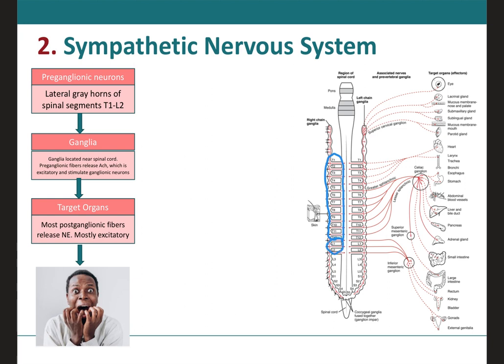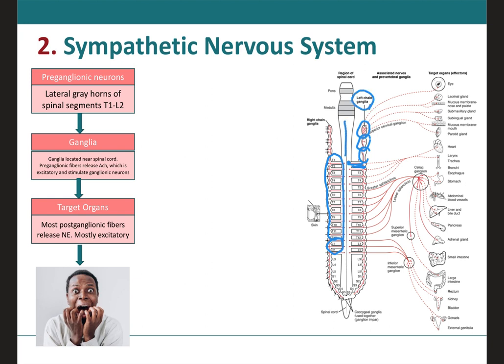Now there is a central neuron located in the lateral horn of any of these spinal regions that projects to the ganglia, and this ganglia is close to the vertebral column. This means that the first neuron leaving the spinal cord is going to be a short one, because the ganglia is close to the spinal cord.